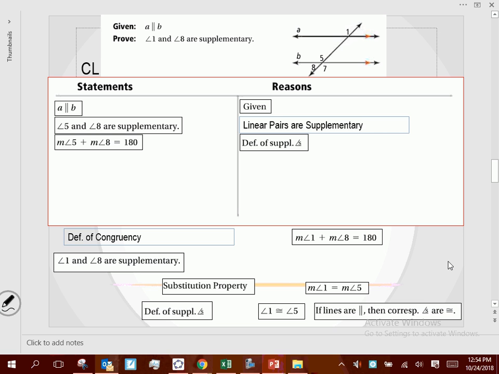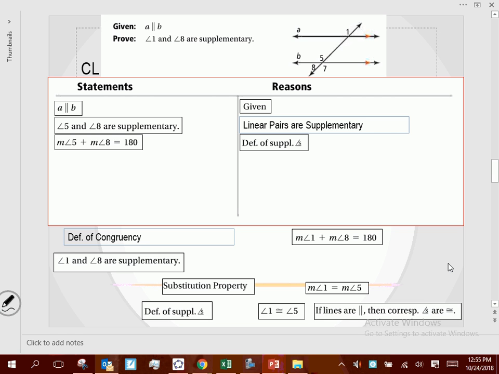What else could I say based off my picture? And remember, the only thing we can't say is that 1 and 8 are supplementary. Everything else we know: alternate interior angles, alternate exterior angles, corresponding angles, and same side interior angles. All those facts are true.